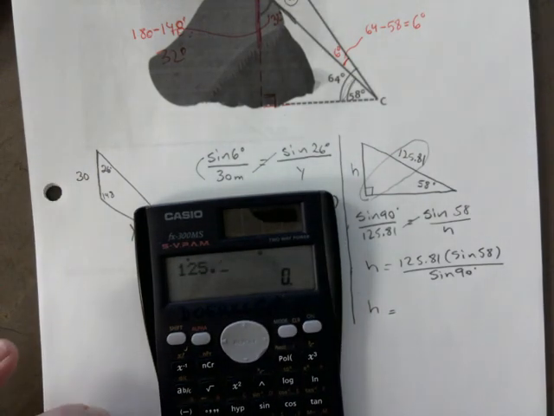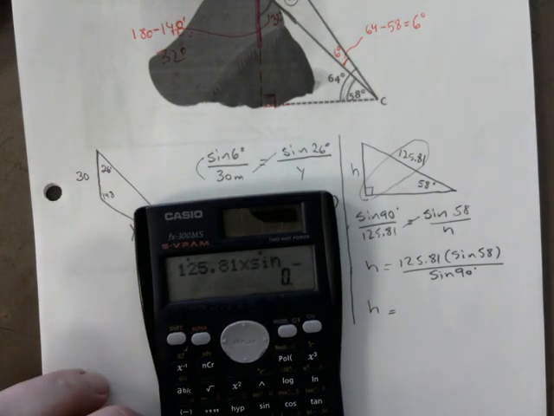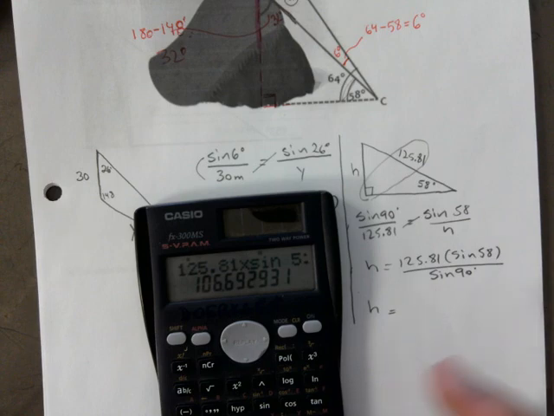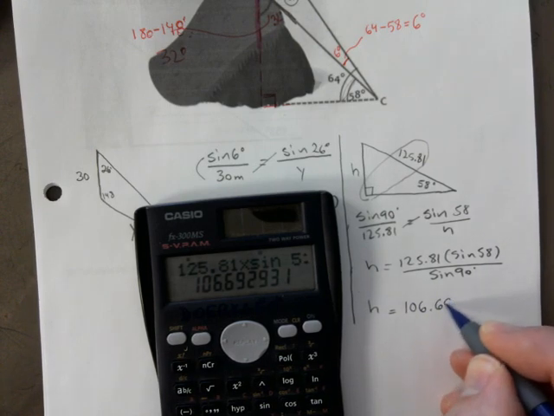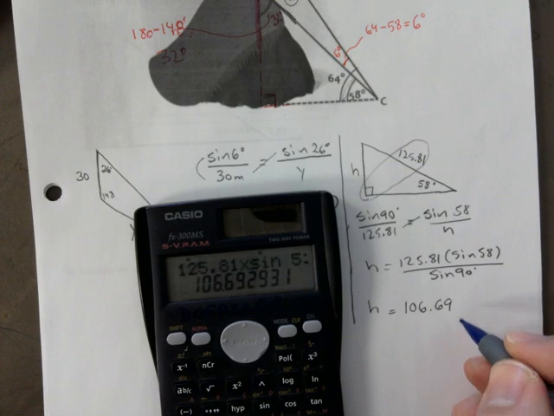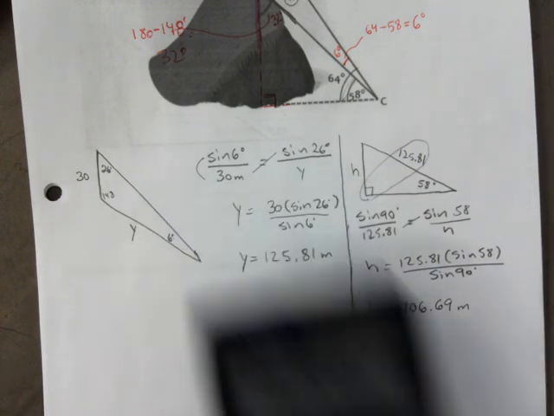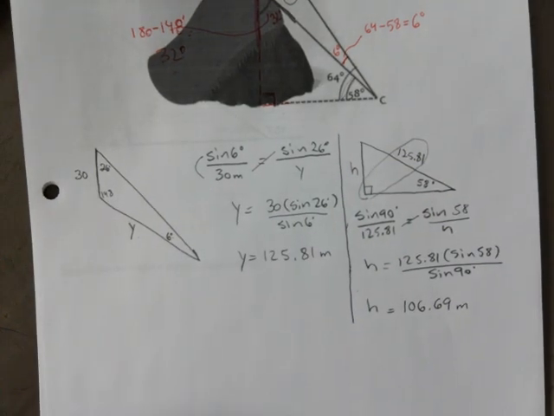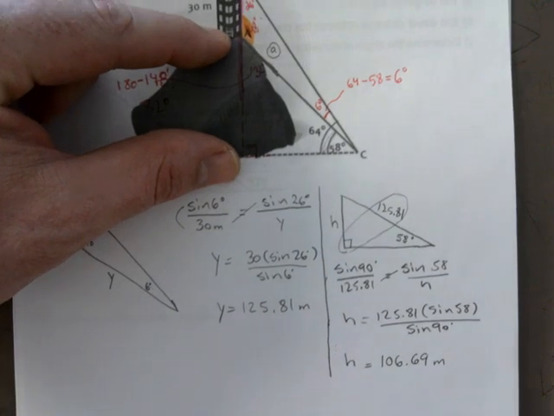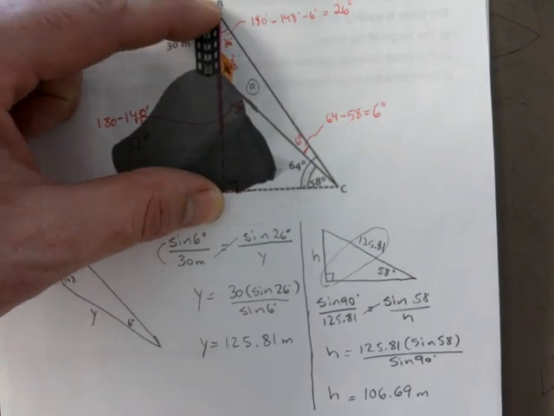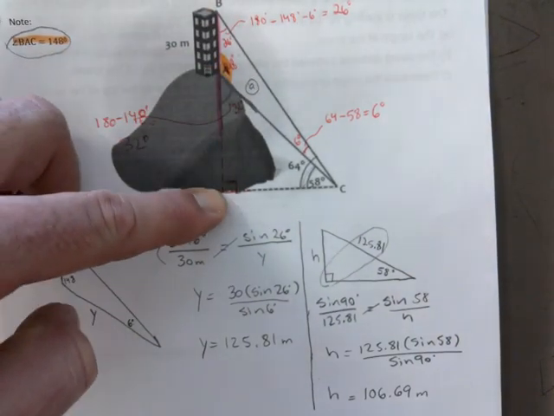So 125.81 times sine of 58 divided by sine of 90, but that's just 1. That's my height of that smaller triangle. Does that answer the question? Not yet. This is just this. I want to know the entire height, the top of the building compared to the ground.